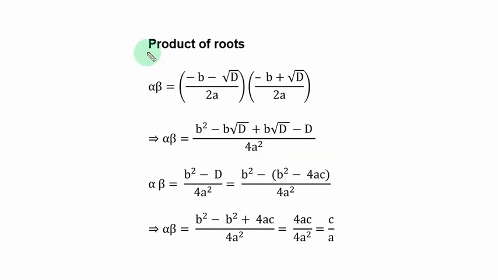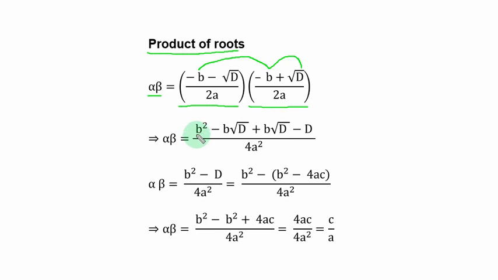Next is product of roots. As you know, product is multiplication. So you have first root times the second root. So you multiply numerator against numerator and denominator against denominator. So you have minus b times minus b plus root d.